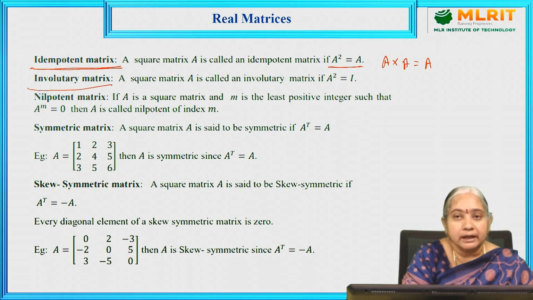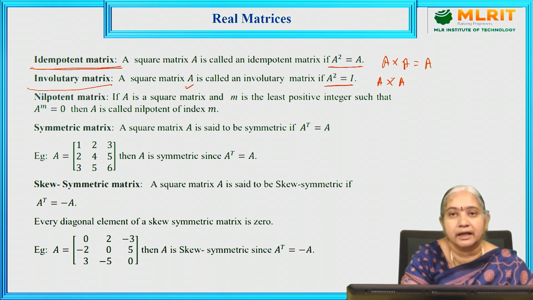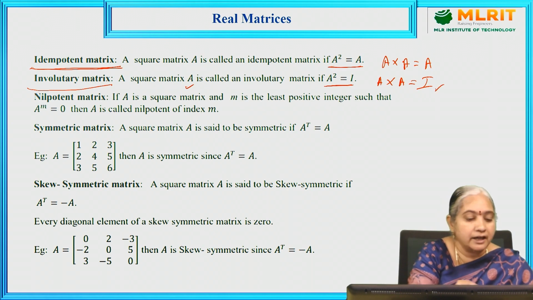Next definition, involutory matrix. A is any given matrix. The condition is A square equal to I. That means the product of the matrix A into A equal to the identity matrix, then this property is satisfied, and the given matrix A is said to be an involutory matrix.